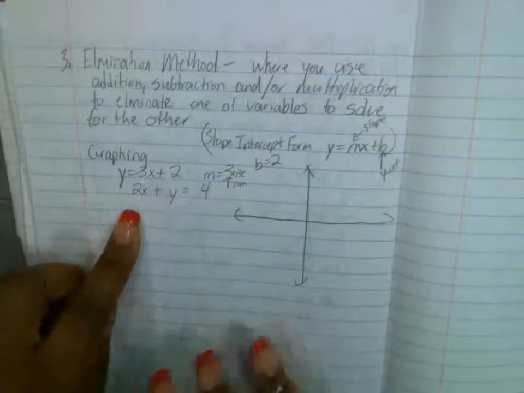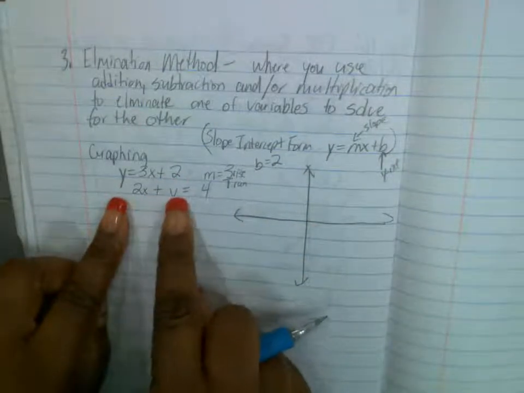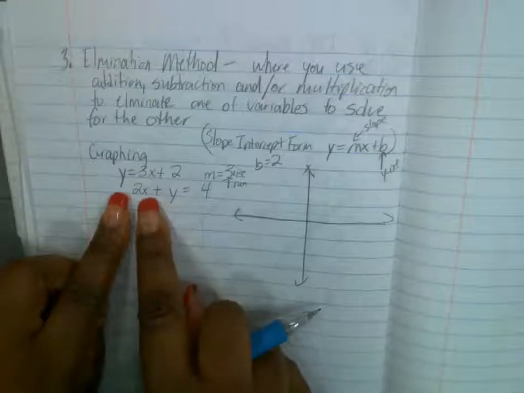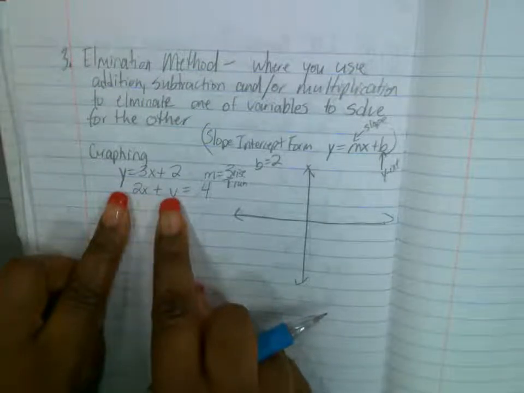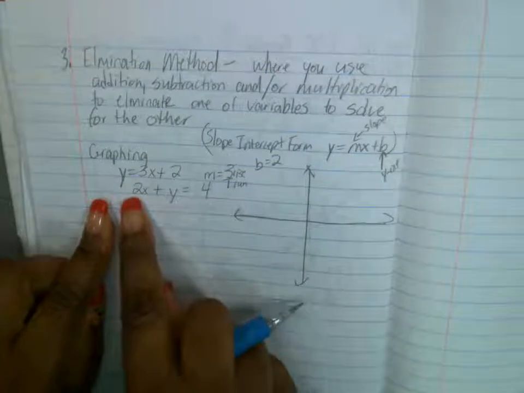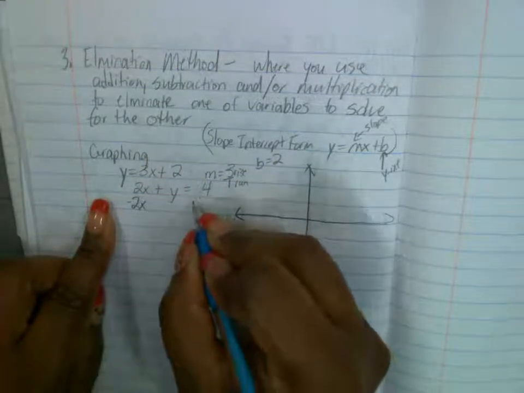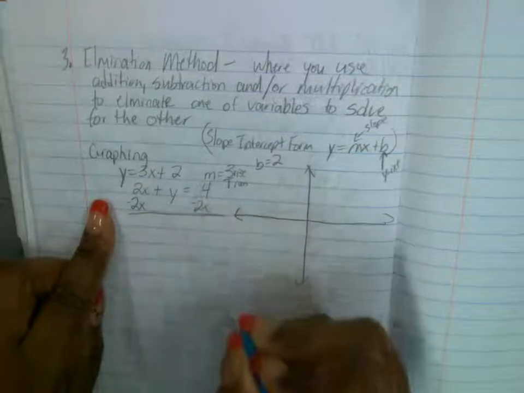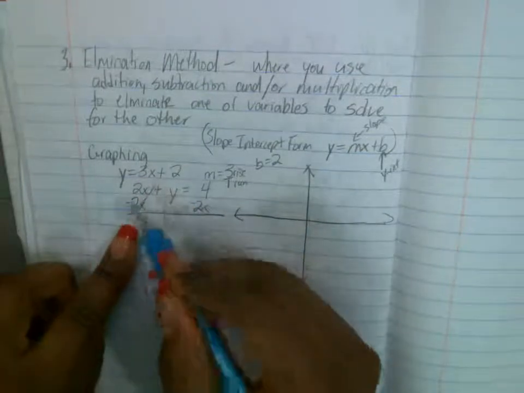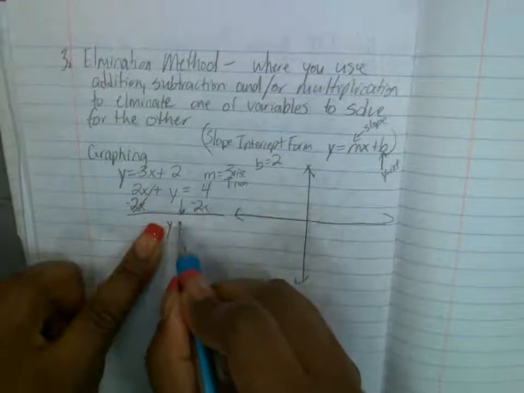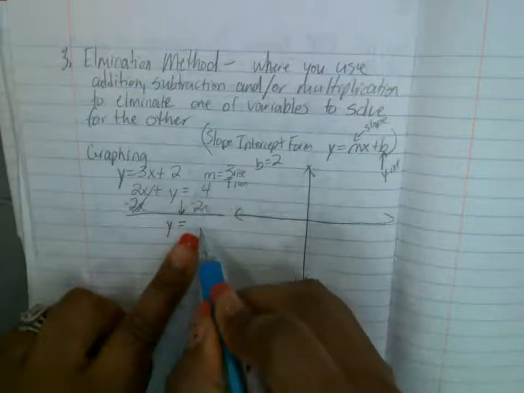Okay. Now here, this is not written in slope-intercept form, so you have to isolate y so that it's written in slope-intercept form. So I'm going to move the 2x to the other side by subtracting 2x. When I subtract 2x here, I'm left with y is equal to, and I'm going to bring both of these down.